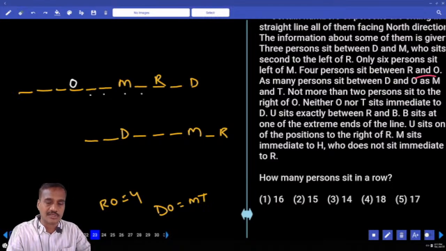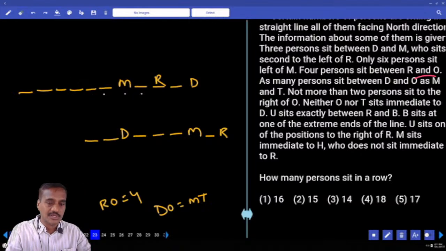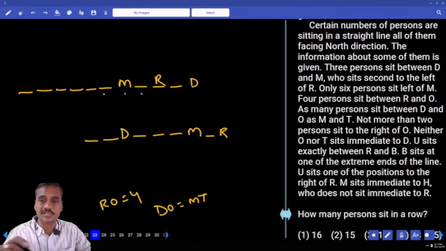If you take O here, more than 2 persons are to the right of O, which is not possible. Hence O must be to the right-hand side of R. 1 2 3 4, O is here.